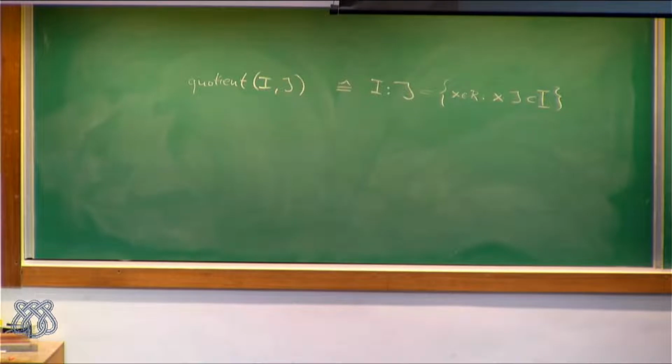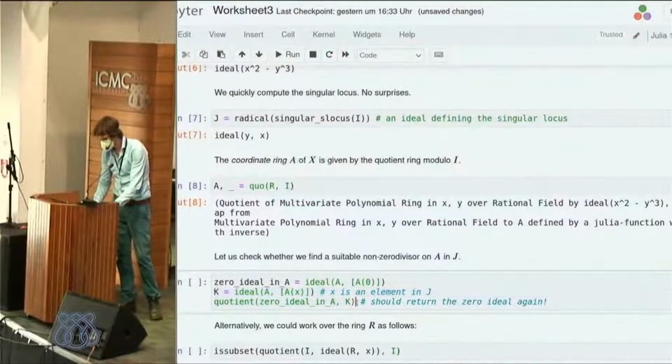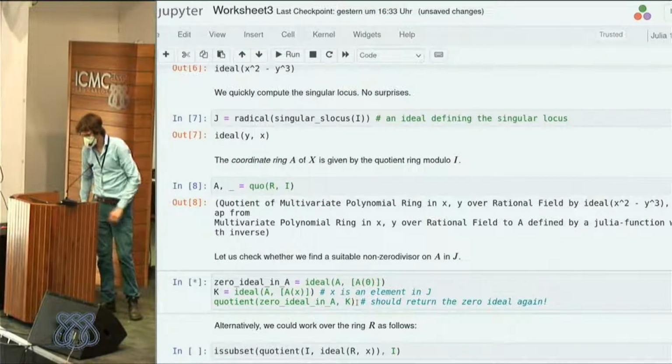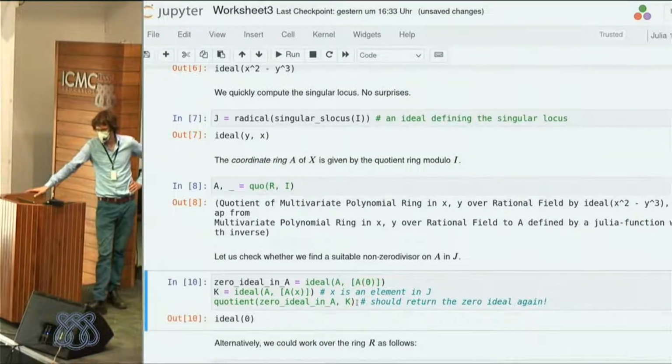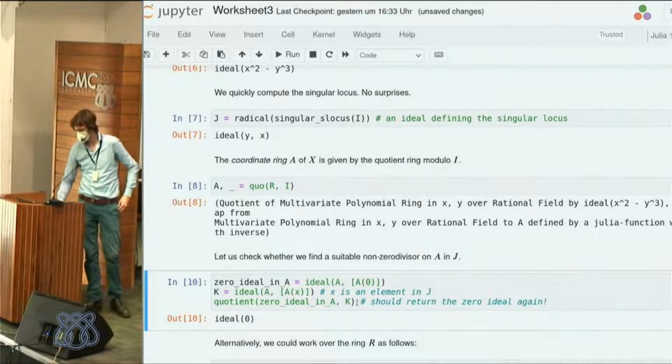Because this OSCAR command eats only ideals, we need to translate x into an ideal, and then we can feed it there and compute this quotient. And that needs to be 0, so that x is really a non-zero divisor.